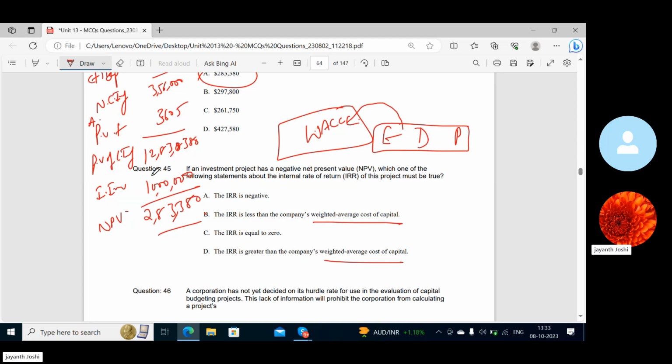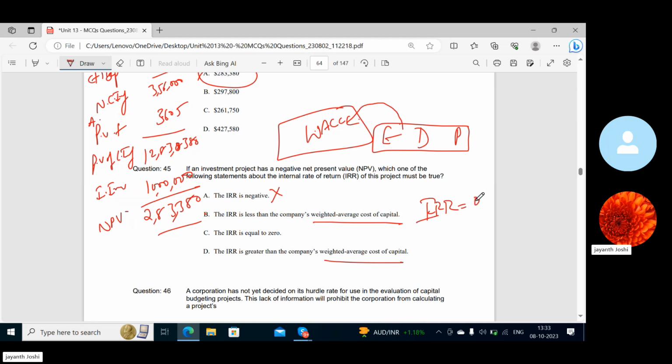So if an investment project has negative NPV, which statement is true? We can't say IRR as a percentage is negative, right? But if the project has negative NPV, what happens? IRR is the rate at which your NPV is zero, right?